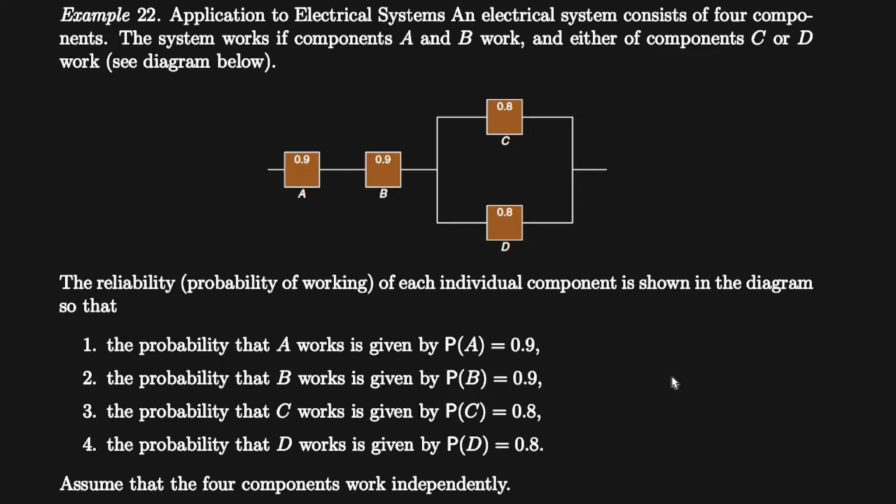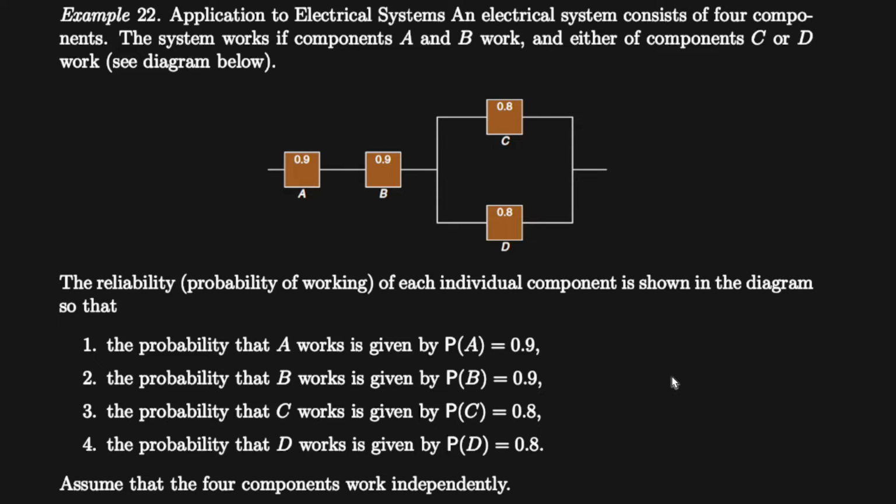Now it says the reliability, the probability of working of each individual component is shown in the diagram, so that the probability of A works is given by probability of A is equal to 0.9. The probability that B works is given by probability of B is equal to 0.9. The probability that C works, the probability of C or D works is 0.8. So it says to assume that the 4 components work independently.